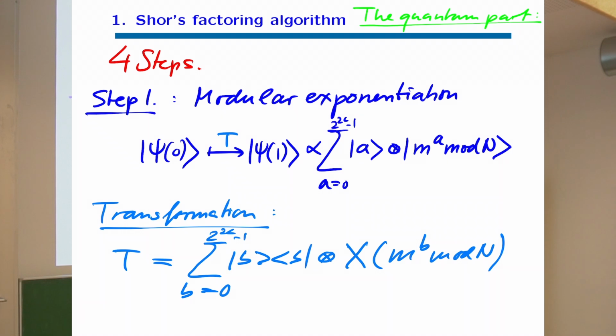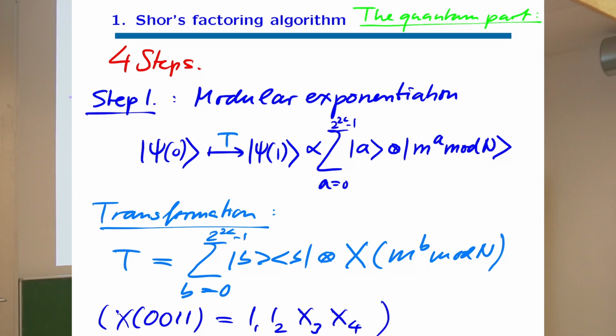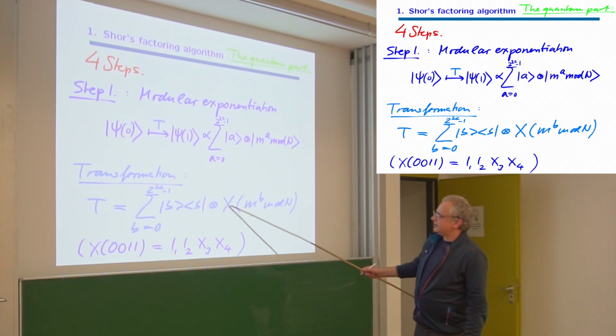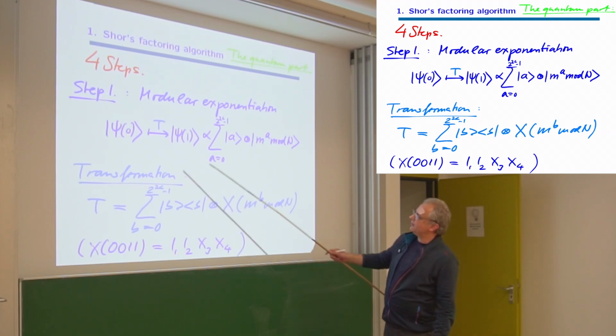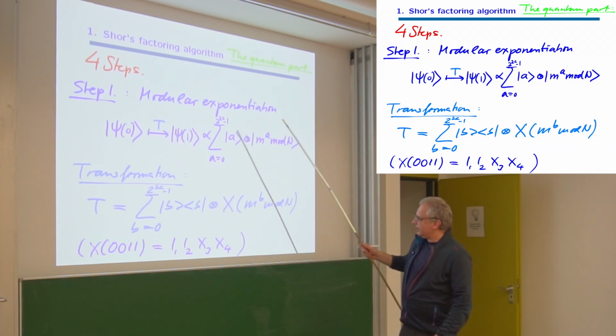Just to give an example for what I mean with this notation, X of 0, 0, 1, 1 would be identity on particle 1, identity on particle 2, X on particle 3, X on particle 4. Yeah? Something like this. So that's the gate that you do to get from here to there.